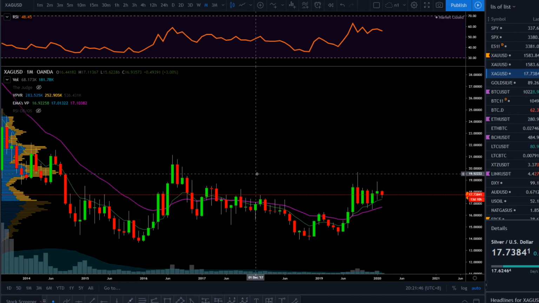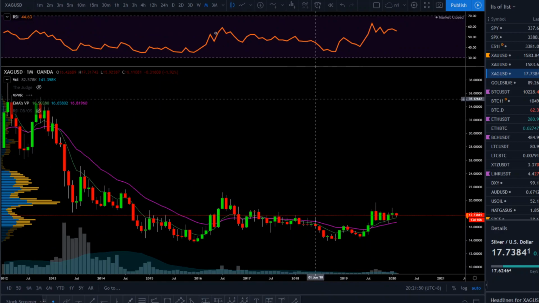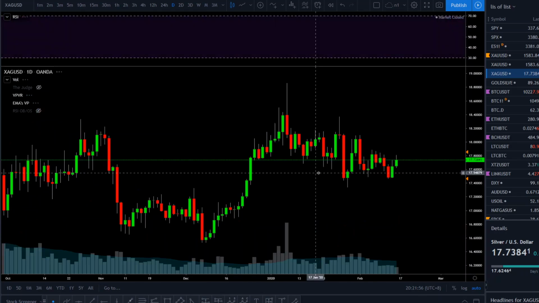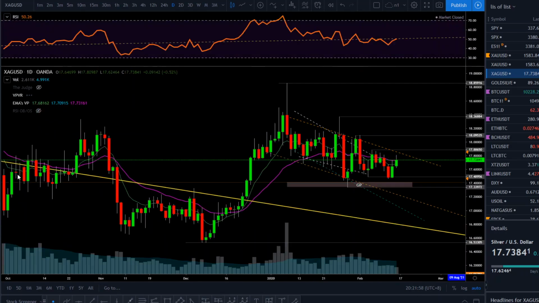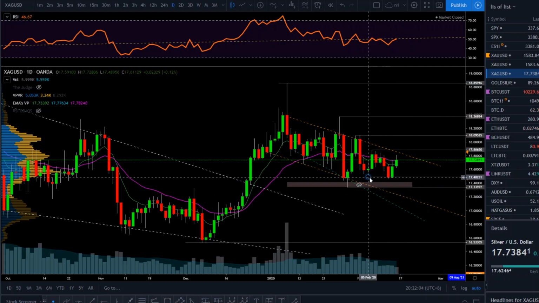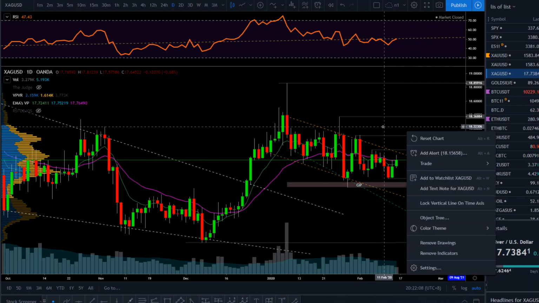So the bulls are looking good. I'm bullish on gold and silver. So yeah, it's looking nice. We just need to break above here, and the bulls seem to have bought this dip. It's a very good sign when you break the support and then go back up.